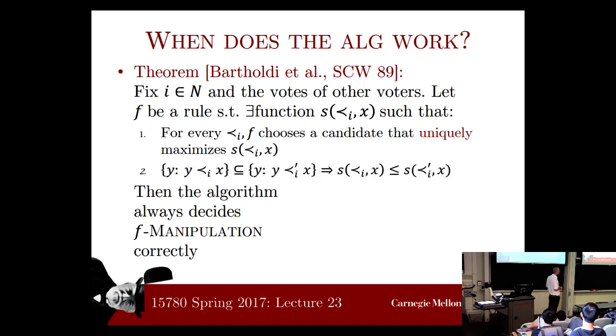Essentially what this is saying is that the score of an alternative depends on the alternatives ranked below it. Specifically, it's a kind of monotonicity property in the score.